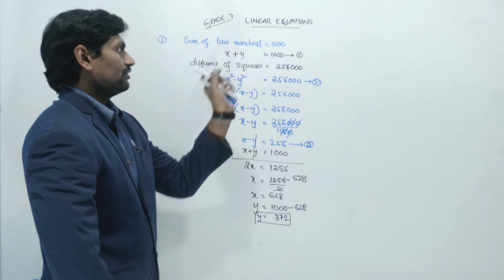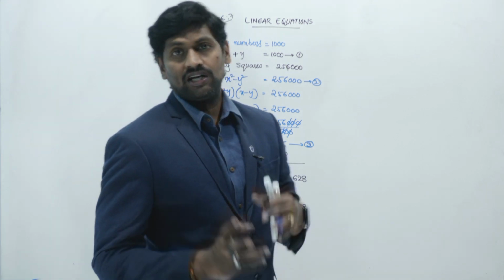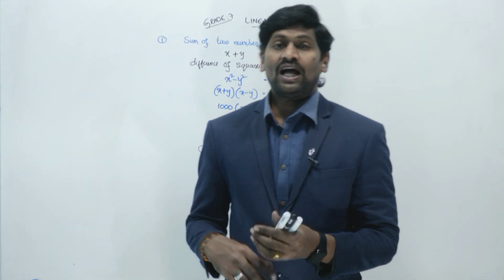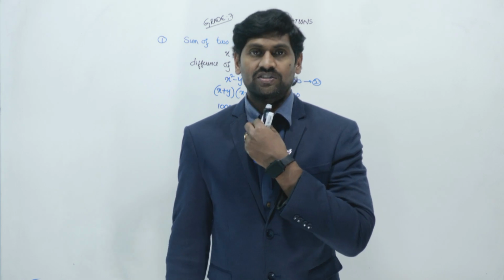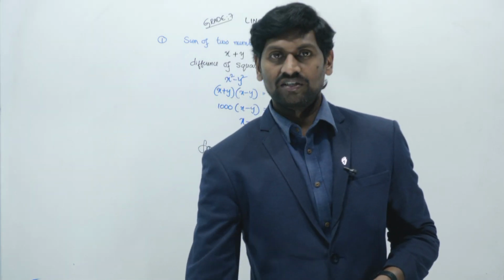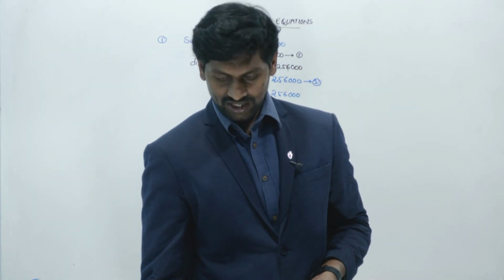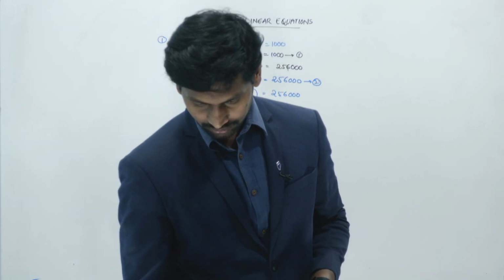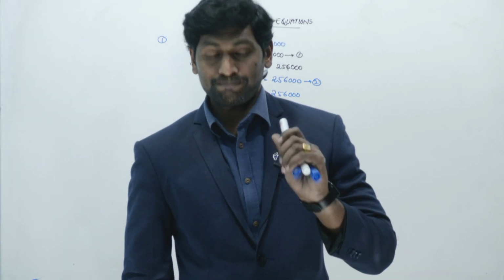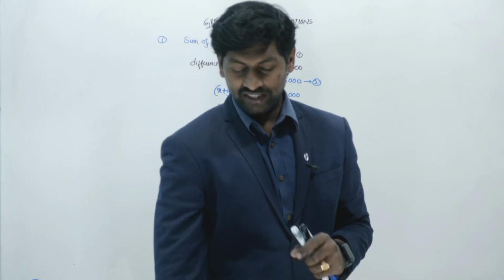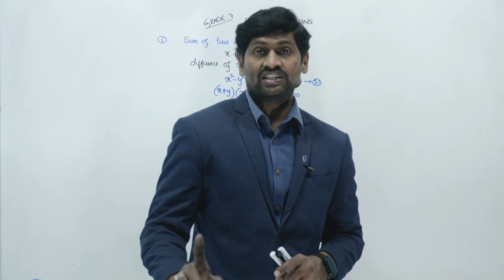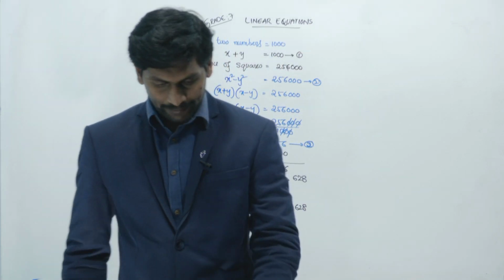Okay? So this is the way we find the unknown things by using the given equations or given questions. Okay, so let us go to the next problem. If 56 pens and 47 pencils cost 631, how many pens are there?